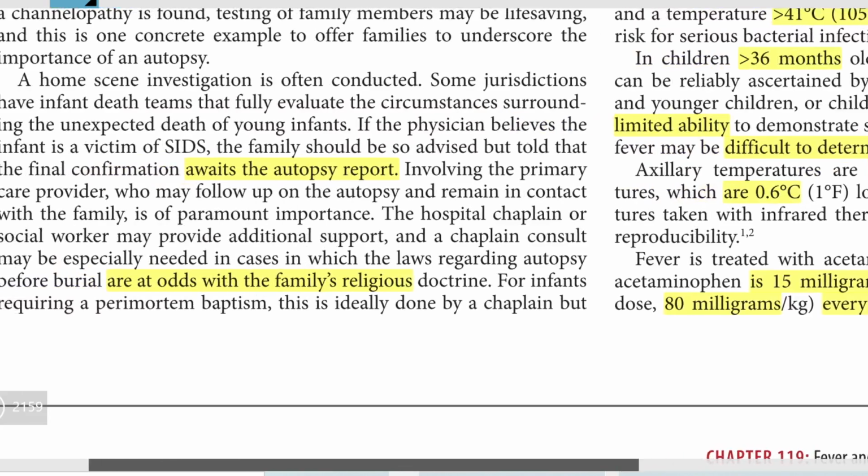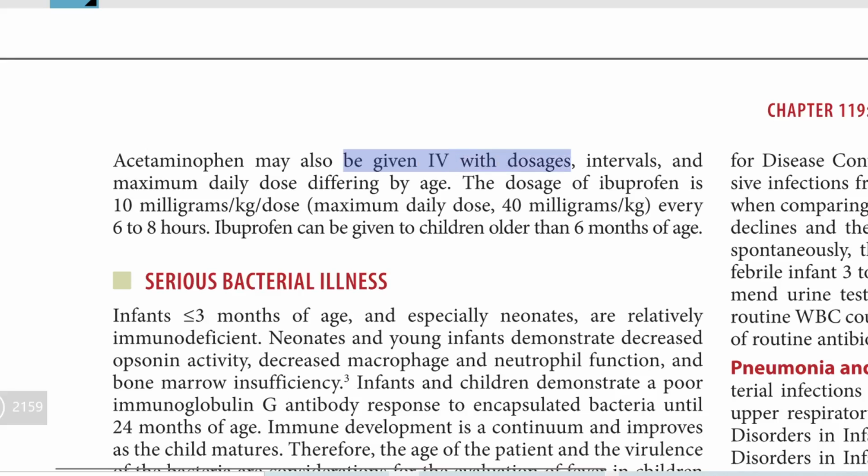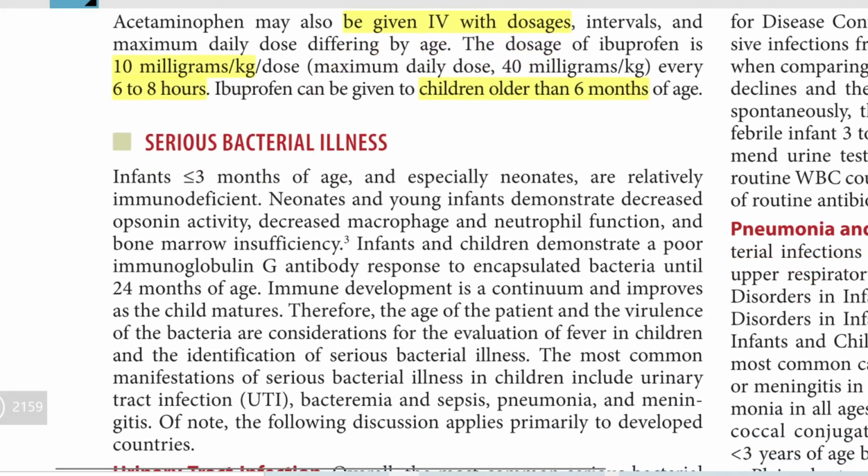Acetaminophen can also be given IV, with the dosages, intervals and maximum daily dosage differing by age. The dosage of ibuprofen is 10 mg per kg, maximum dose is 40 mg per kg, every 6 to 8 hours. Ibuprofen can be given only to children older than 6 months of age.